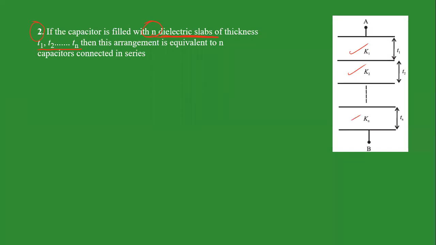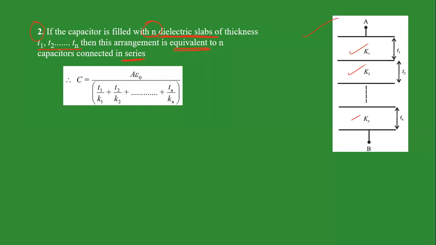This arrangement is shown in a diagram. You can see this diagram. And this arrangement is equivalent to capacitors connected in series. So when capacitors are connected in series, then we can write the total capacity is given by this formula: A epsilon 0 divided by T1 by K1 plus T2 by K2, and so on.